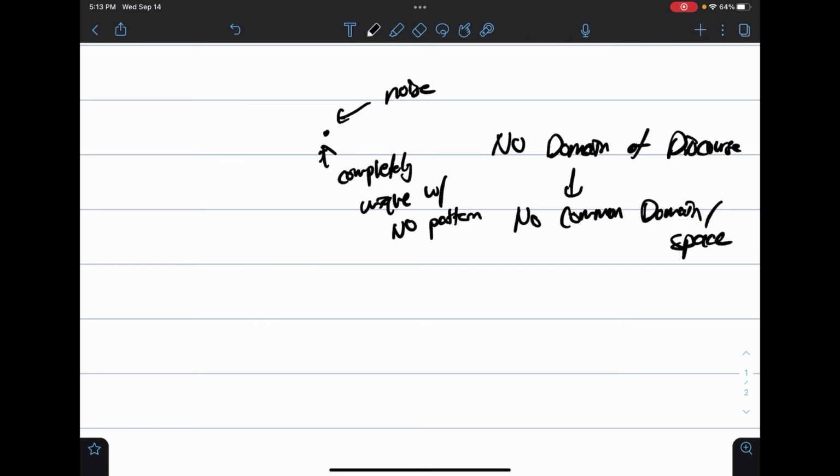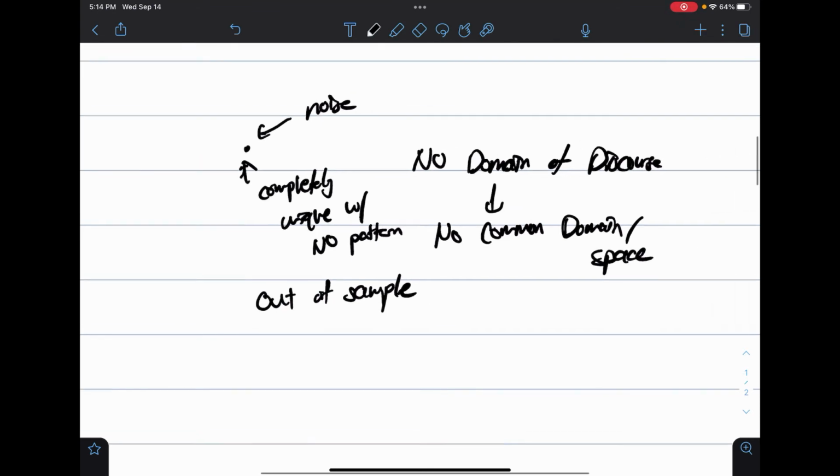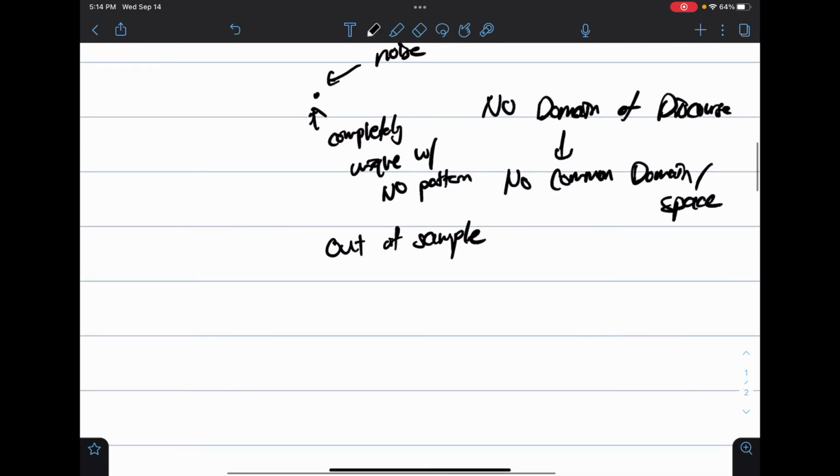are likely to be the case where if we come up with out of sample data, data that has not been trained, or data that we collected in the far future, and there's new data coming in the same domain of discourse, assuming that we do agree that there is a domain of discourse, in that case, the out of sample data will not match with any of the patterns that the neural network had learned, because the out of sample data points are also going to be completely unique as well, right?